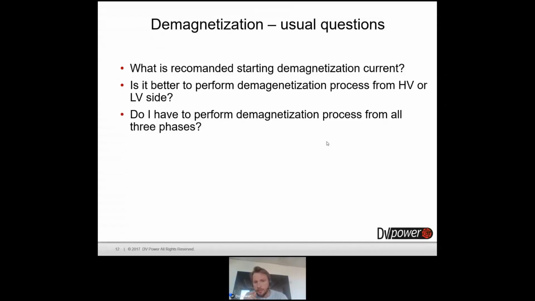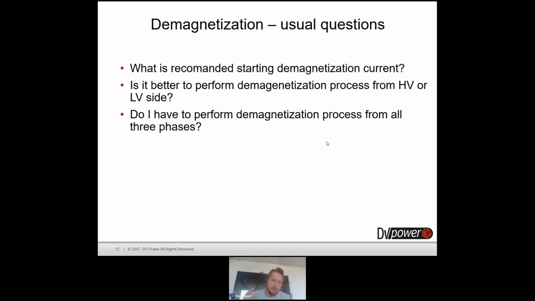Do I have to perform the magnetization process from all three phases? Again, if you read many articles, older articles, there is discussion that if we demagnetize even the middle transformer leg, middle phase, it is sufficient. Why? Because our magnetic core is connected together.